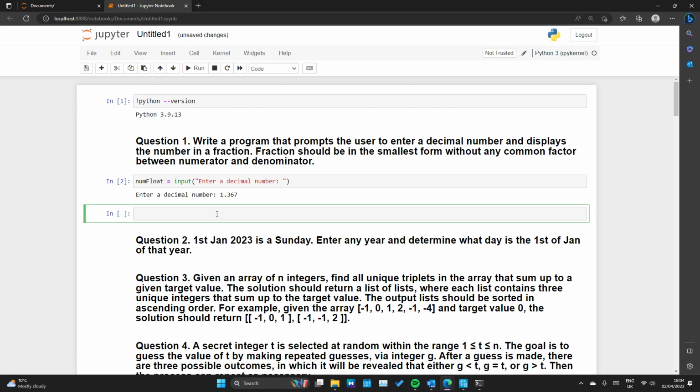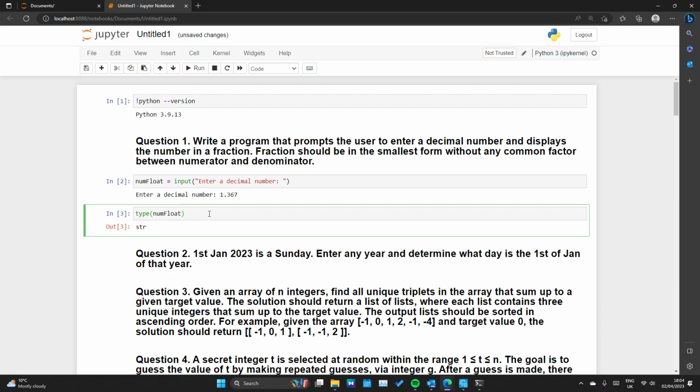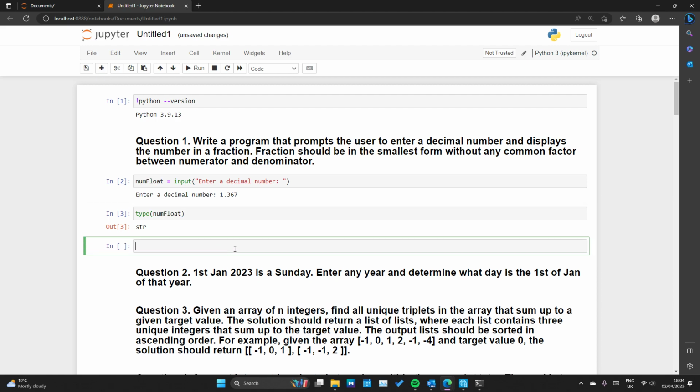So either we convert this number into a float right away, because we can verify the type of data, and if you write type num float, you will see that you have got a string data type, which is not the data type we want. But I think if we keep it as a string for the moment, and if we can find out the decimal point, that could be helpful.